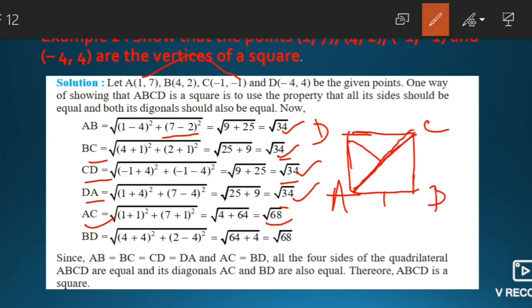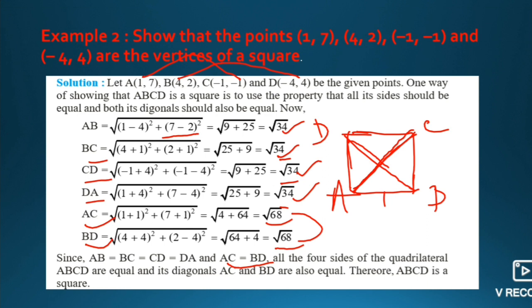Similarly, you can find the value of BD. Take B and D and use the distance formula. The distance BD will be root under 68. As you can see, the lengths of the diagonals are also equal. Since the sides are equal in length and the diagonals are also equal to each other, you can say that this quadrilateral is a square. In this way, you have to solve this question.